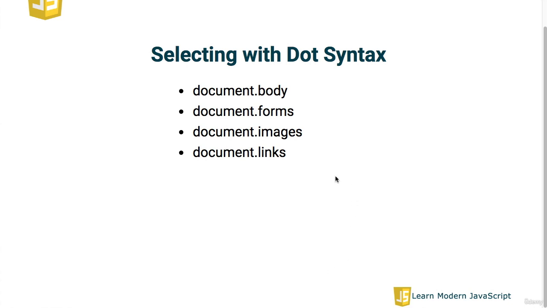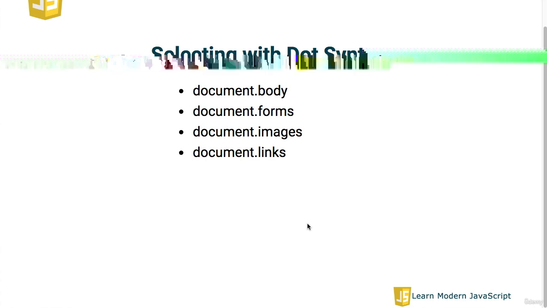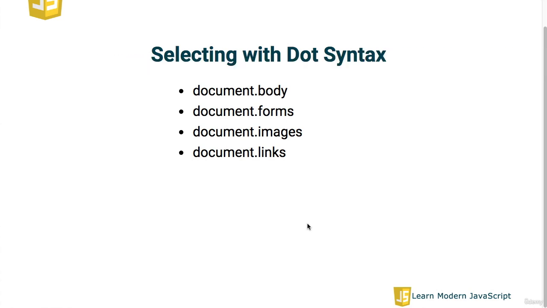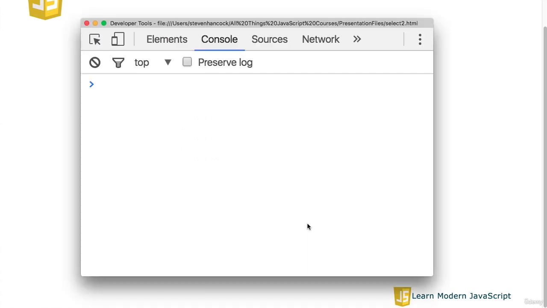I'm going to use the console with this HTML page that we're currently viewing. And I'm going to use a couple of these commands in the console to select elements and then do something with them. So let me open the console. I'm going to use document.images first. I'm going to create a variable and set that variable equal to document.images. Now, as I said, that will be an array.